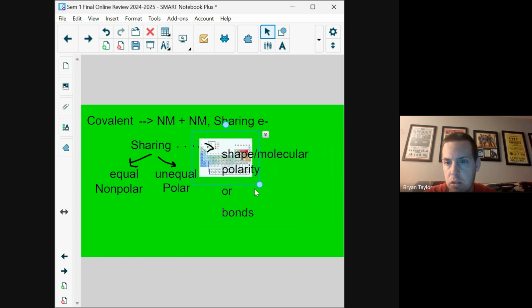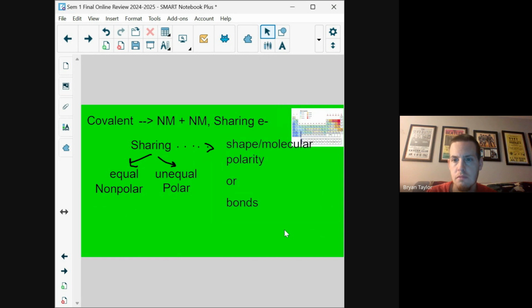I normally call it shape polarity. I know Mr. Soroka probably said molecular polarity a little bit more, but it's the same thing. It's looking at the Lewis structure, what's going on with the electrons. Again, this is all about the electrons.